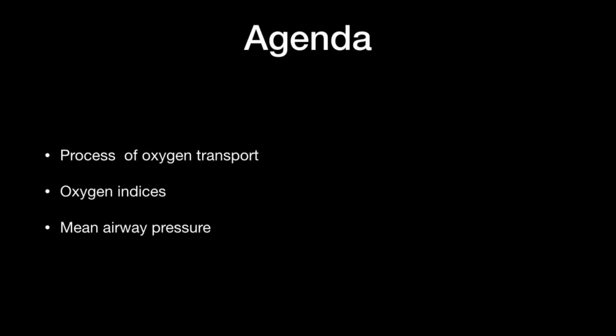So, to begin with, we will have our objectives for the day. The objective for the day is one, to understand the process of oxygenation and how oxygen is transported from lungs to the tissue. Second, we will also learn a few words about oxygen indices and what are the various oxygen indices which will be useful as you're measuring the prognosis or measuring the oxygenation content in a baby who's already ventilated.